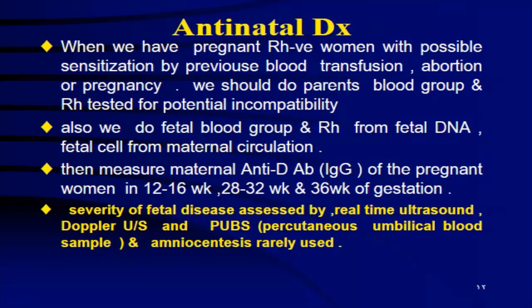Now, antenatal diagnosis of Rh incompatibility or erythroblastosis fetalis: when we have a pregnant Rh negative woman with possible sensitization by previous blood transfusion, previous abortion, or pregnancy, a mother who was previously pregnant with an Rh positive baby or aborted an Rh positive baby, and this is the second pregnancy, we should do parental blood group and Rh testing for potential incompatibility.